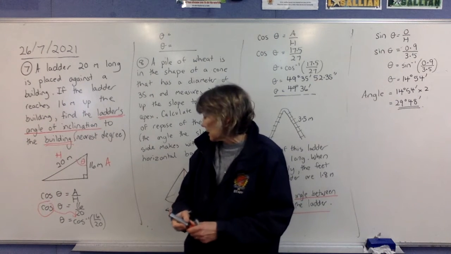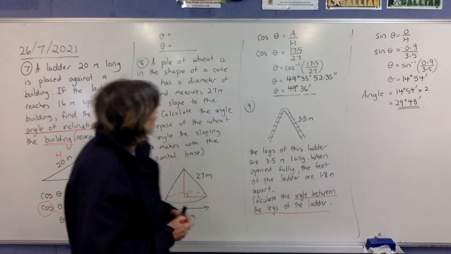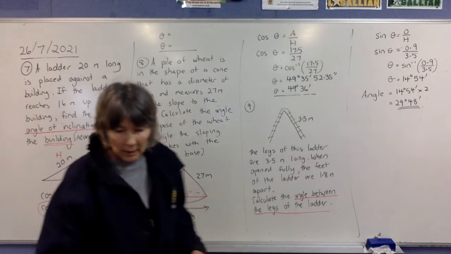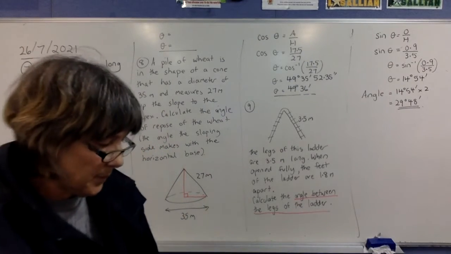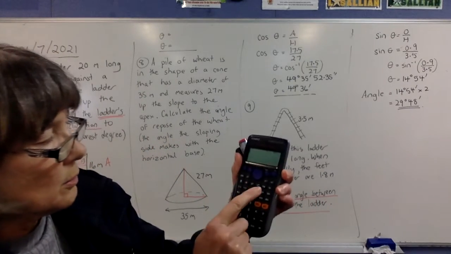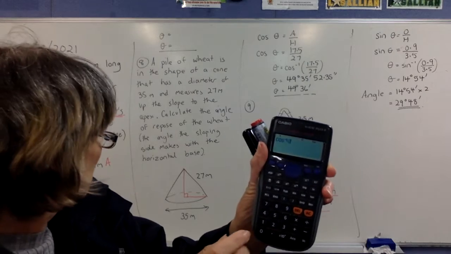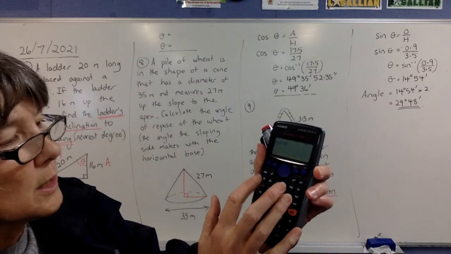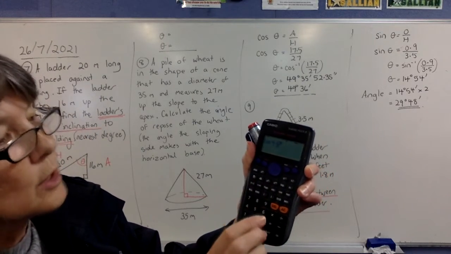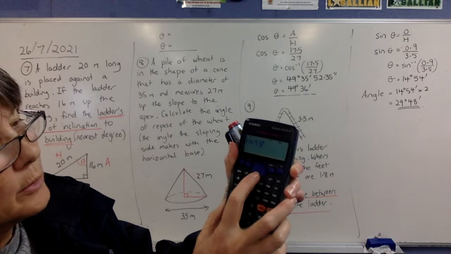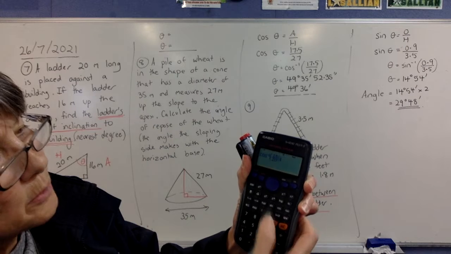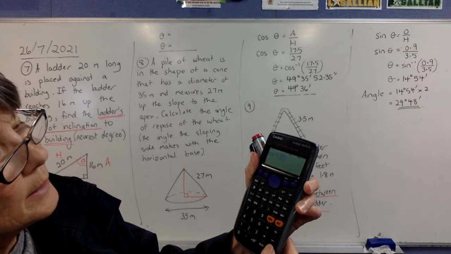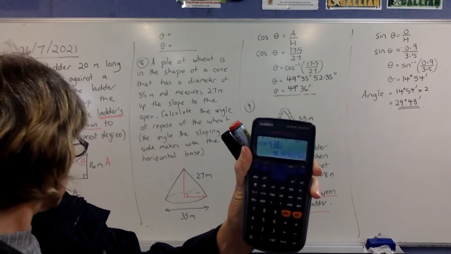Inverse cos 16 over 20 on your calculator will give us, put it into your calculator the way we've been doing it, so it's shift cos, then we're doing a fraction key, 16 on the top, down arrow, 20 on the bottom, right arrow out of your fraction, press the bracket, and that's what answer we get.